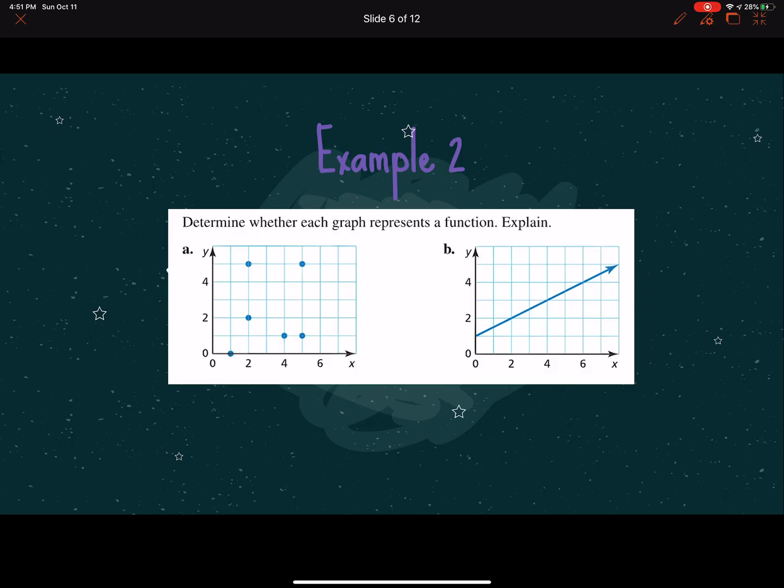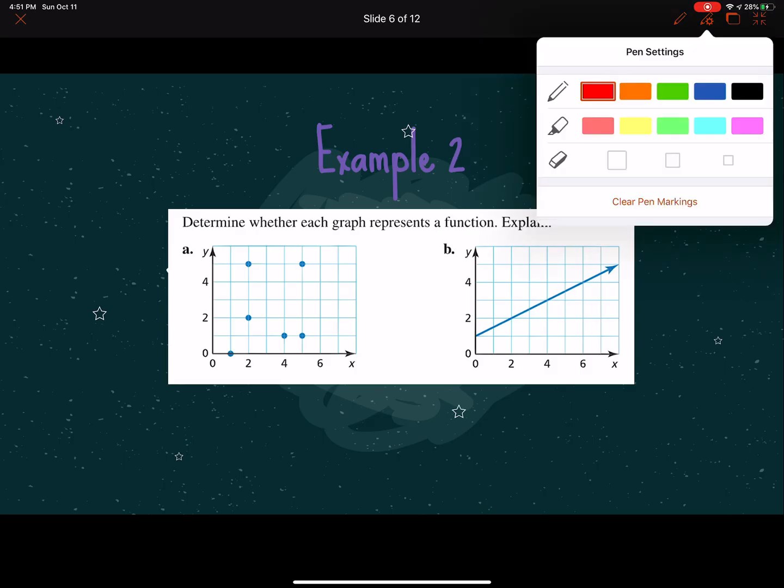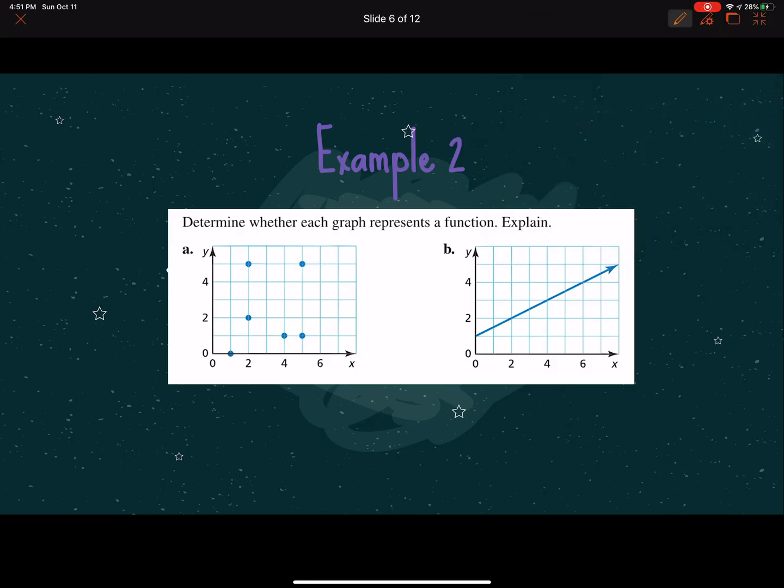So if you have your ordered pairs put on an actual coordinate grid, you can do something called the vertical line test. You can take your pencil or pen and go from left to right on that coordinate plane, and you can look to see if a vertical line passes through more than one point on the graph.